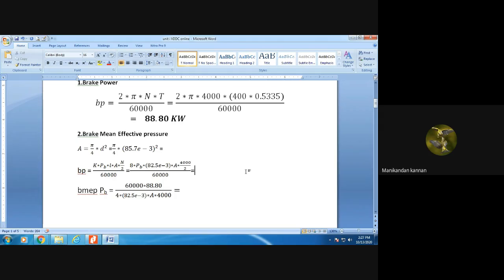A is equal to 5.8 into 10 to the power minus 3. Unit will be what? Meter square. Okay. Later we will check. So you substitute the value of A here and try to find out the mean effective pressure.